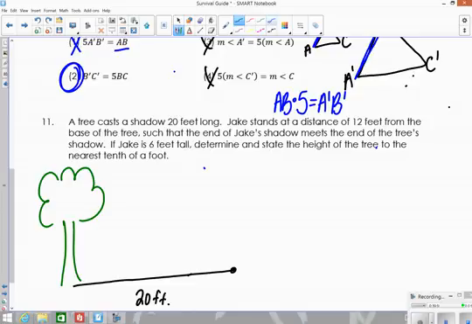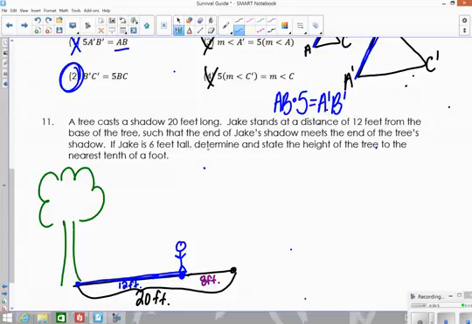So let's say he's about here. That's 12 feet, and this whole thing was 20, so the remaining piece is going to be 8 feet. 20 minus 12 gives me 8.